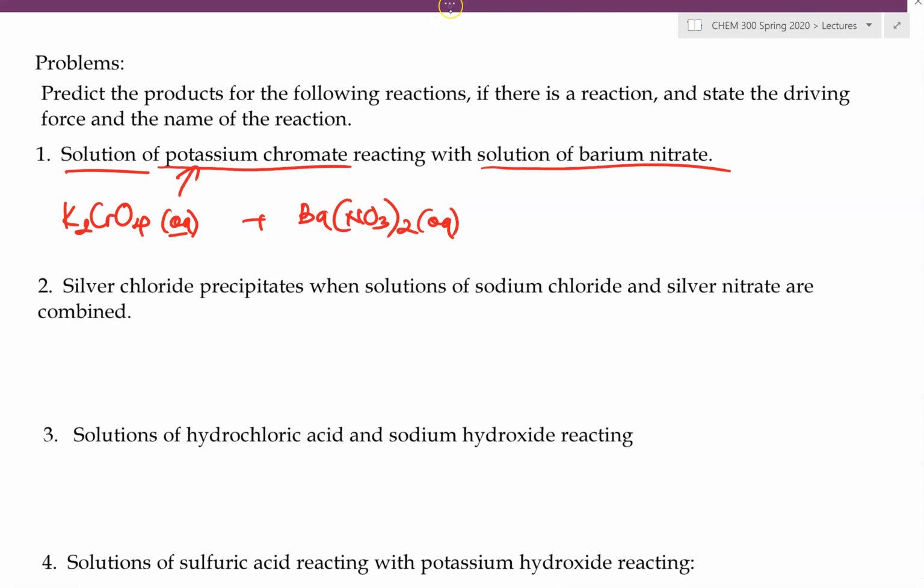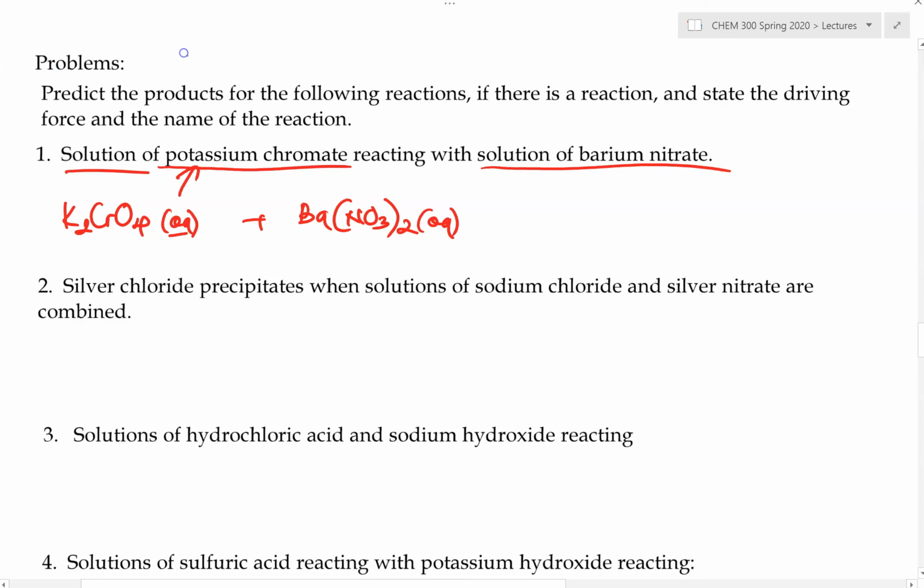So that's what we have. We have these two solutions containing these two substances, and we are reacting them together. So how would we predict what the product would be? Here's what happens. First, assume the reaction is going to happen to see what the product would be, and write out the formula of the product.